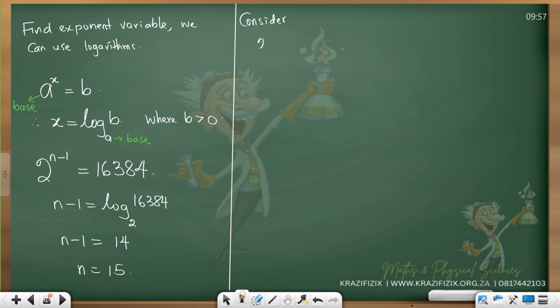Consider number 1: determine the general term, which is Tn.